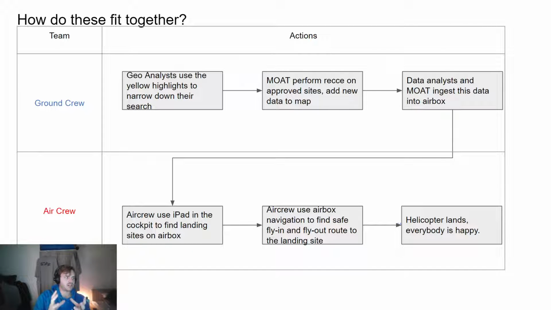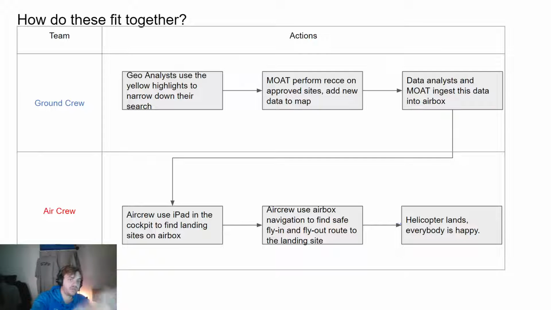You would have the Airbox package on a tablet or maybe in your interface. And you would be like, all right, cool, I want to land now, I'm done flying, hit some buttons, change the layer on the map to the landing one, which we created, and then you would be like, perfect, there's a great spot over here, let's go check it out, land there. That's what we want to be able to provide.